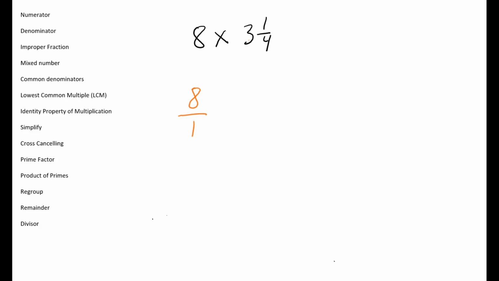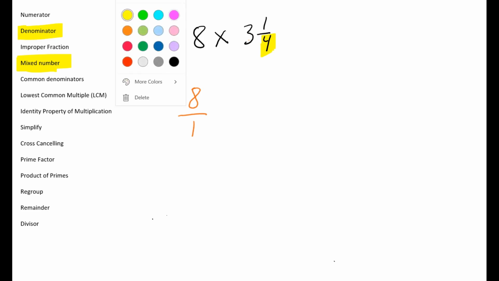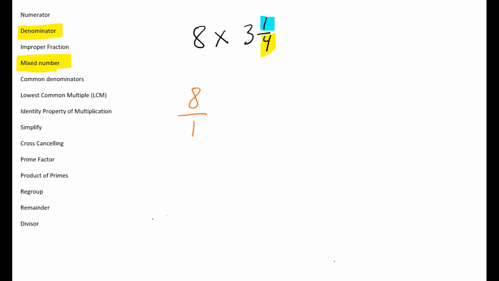Now my mixed number right here, I'm going to have to do something a little different. I need to multiply the denominator by the whole number. So I take 4 times 3, and that's 12.